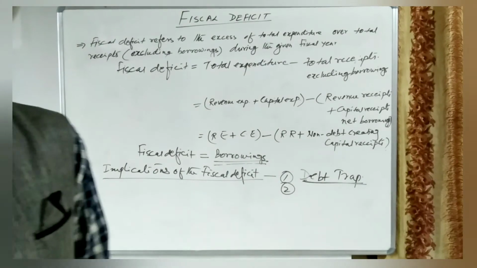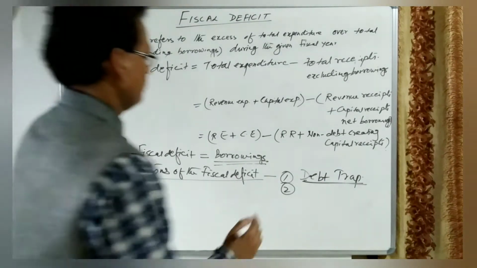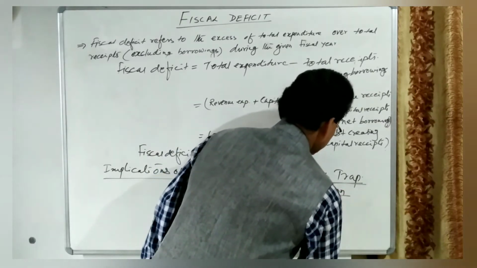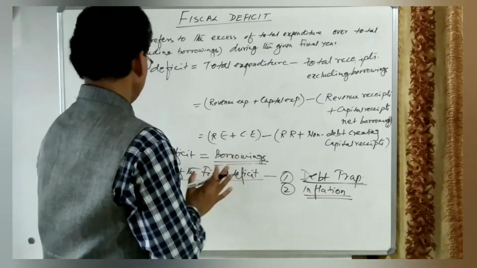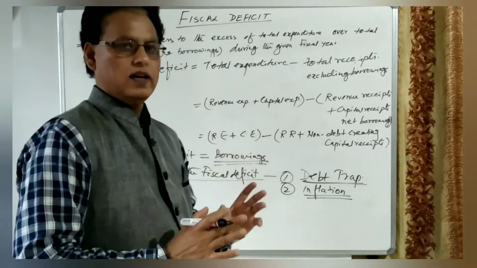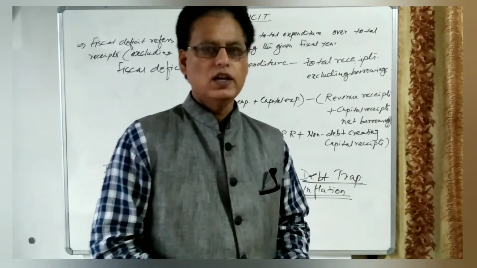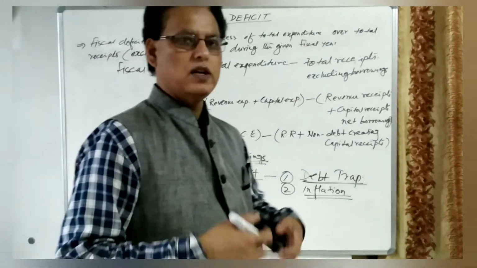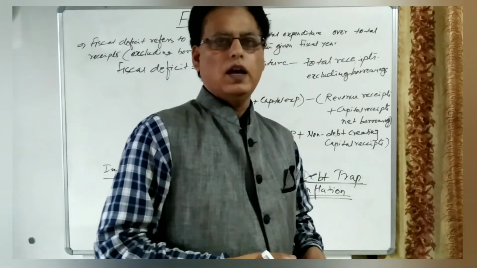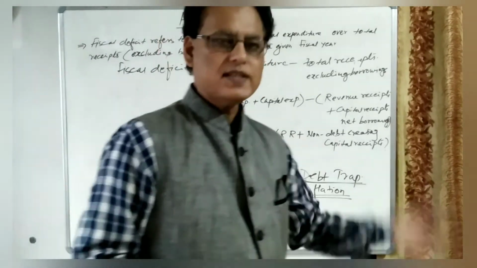The second implication is inflation. Let us see what will happen. If the budgetary deficit, if the fiscal deficit is high, and more and more borrowings are there in our country, then the government will have to print more and more notes. When more notes are printed, the money supply in the country will increase.